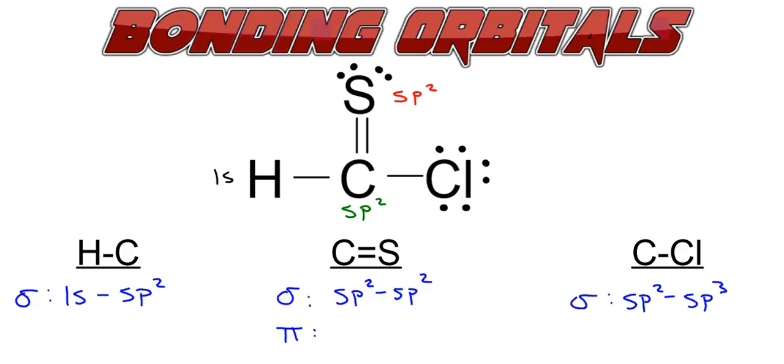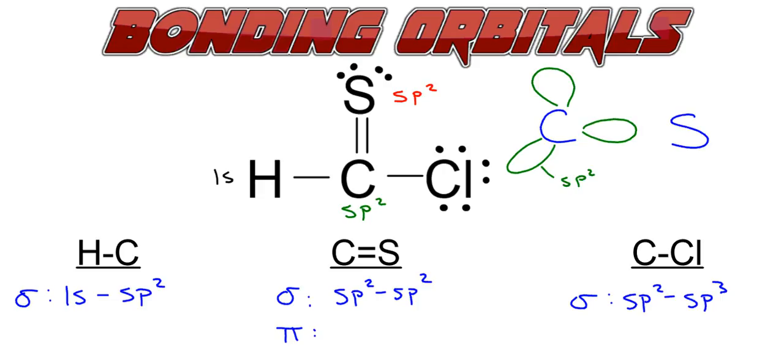I'm going to attempt to draw this. It won't look very good, but just between the carbon and the sulfur, I'll have a carbon atom here and a sulfur atom here. And what's happening with that carbon atom is that you have three, these are going to be my sp2s.